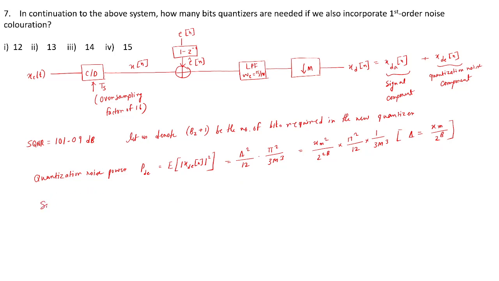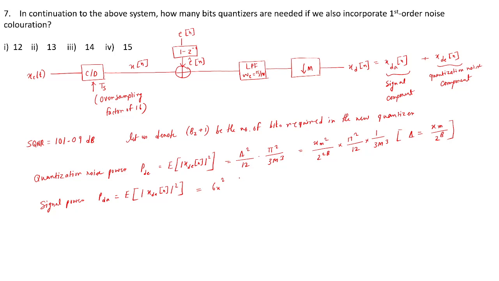And we have this signal power P_da, which is the expected value of x_da[n] square, is given as sigma_x square.